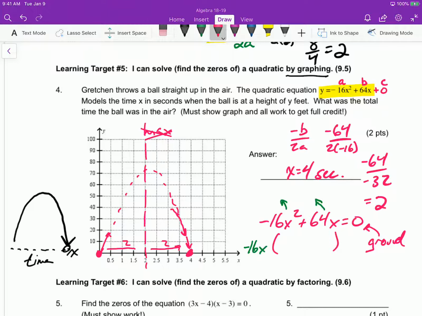Well, what would be left behind then, if I took out a negative 16x, that would just leave me with the positive x. But the 64 taking out the negative 16 would actually turn into a negative 4. Oh, how obvious. x minus 4 equals 0? Oh, so x would also be positive 4. So just another way you could solve this problem.